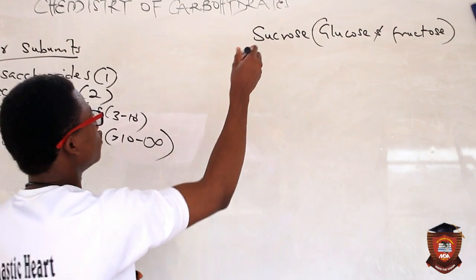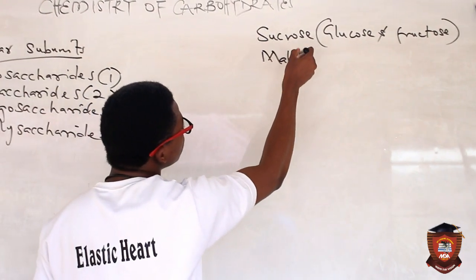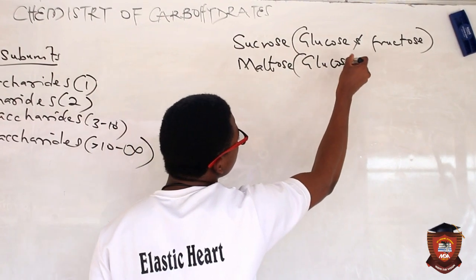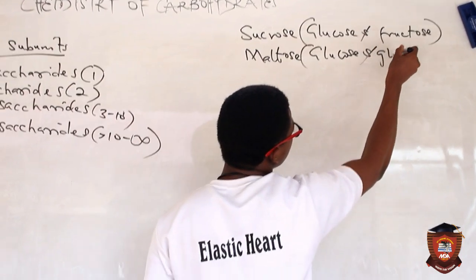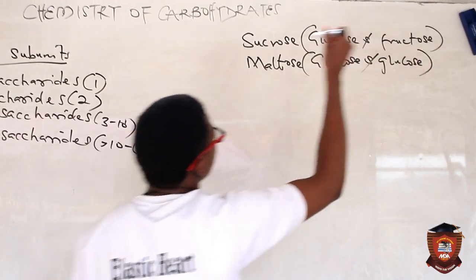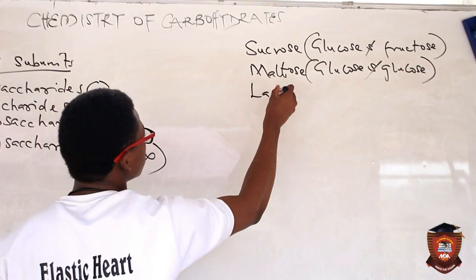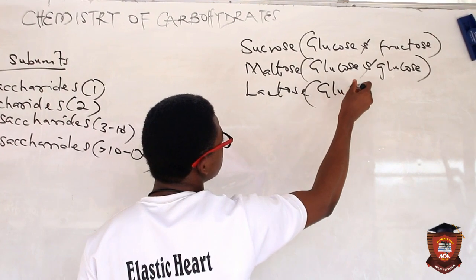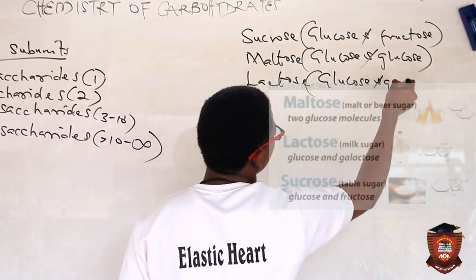We have the maltose, which is made up of glucose and another glucose. We also have the lactose, which is made up of glucose and galactose.